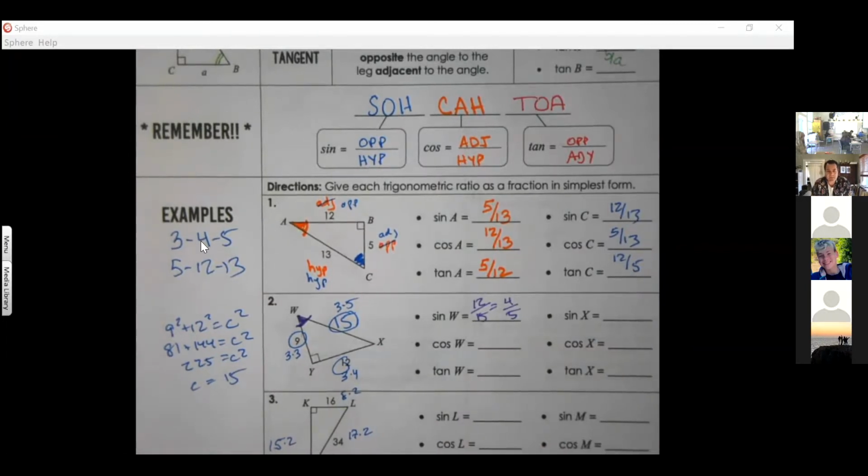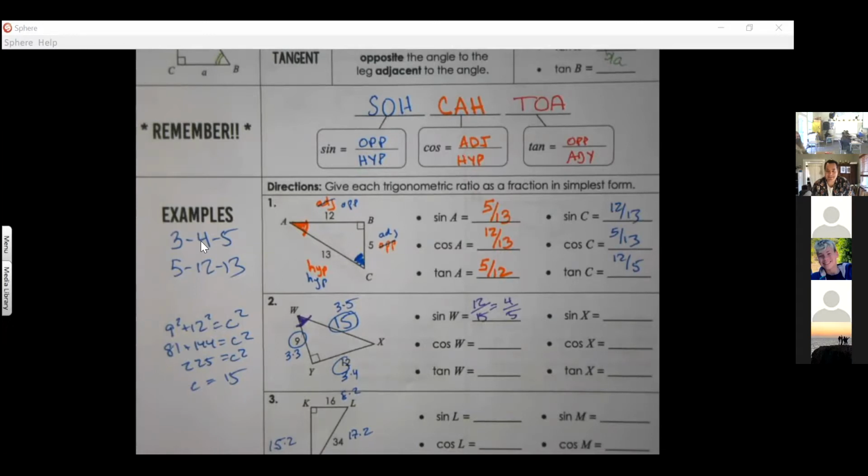What about the cosine of W? Is that Luke's hand up? Is that a hand, Luke? You can give me the answer?